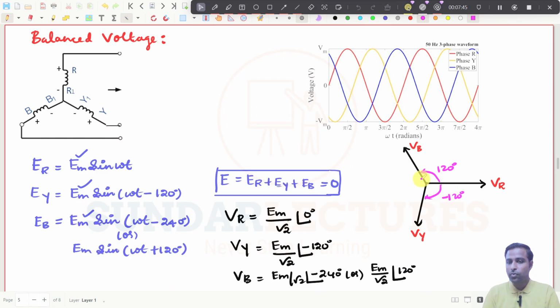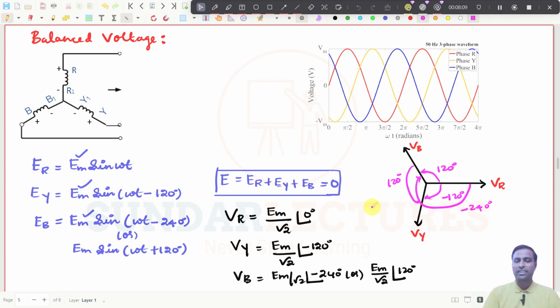And this is minus 240 degree. And the angle between these two will also be 120 degree. Everything comes as a picture, like this is the diagram for the phasors of VR, VY and VB. Everything will be 120 degree apart, right?